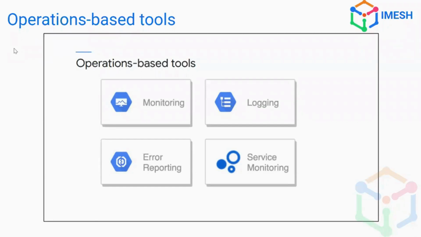And obviously there are different types of logs available, cloud audit logs, agent logs, network logs, for different purposes. Similarly, error reporting counts, analyzes, and aggregates the crashes in the running cloud services.